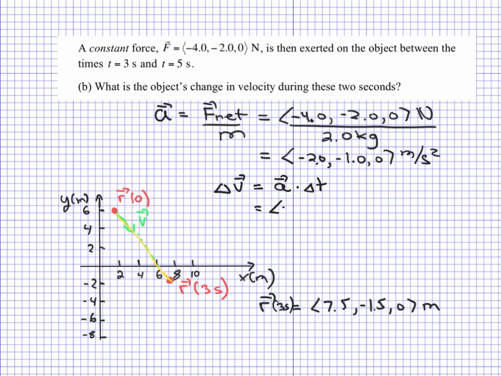So this is just -2.0, -1.0, 0 meters per second squared, and delta t is the duration of the window of time between t equals 3 and t equals 5 seconds. So that's just 2 seconds. And so we get the change in velocity is -4.0, -2.0, 0, and the units are of course meters per second.